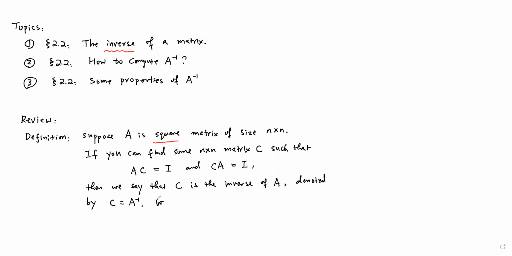When matrix A has an inverse, we say that A is invertible, or a second term we also often use, non-singular.